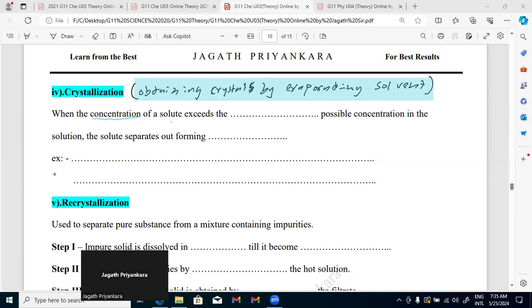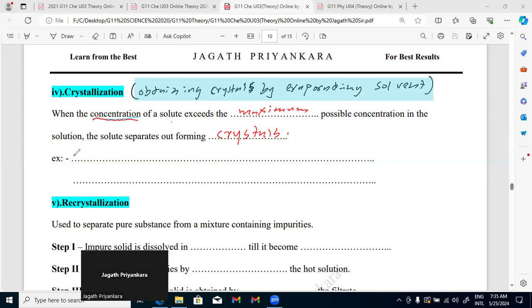When the concentration increases beyond a certain limit, the solute separates out, forming crystals. When the concentration of a solute exceeds the maximum possible concentration in the solution, the solute separates out, forming crystals.